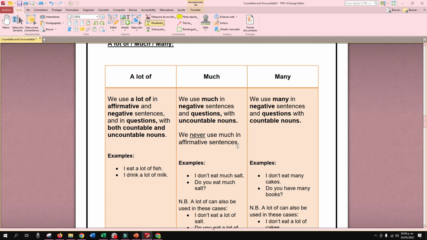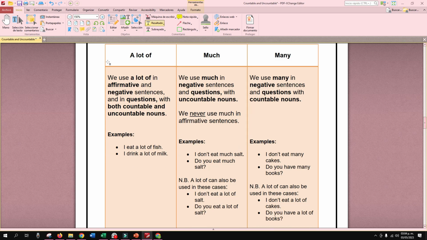Also, this one: a lot of. We use a lot of in affirmative, negative, and questions with both countable and uncountable nouns. I eat a lot of fish.